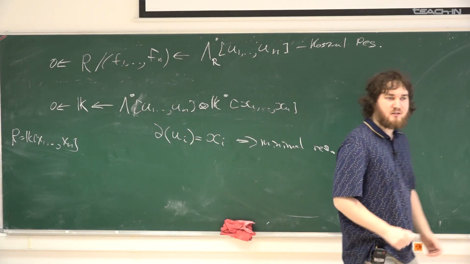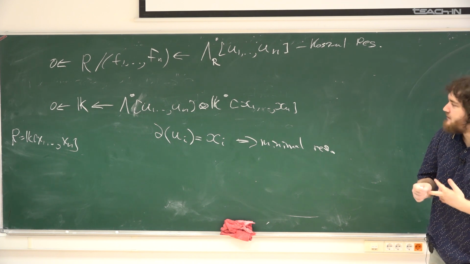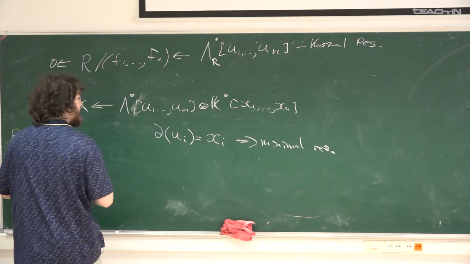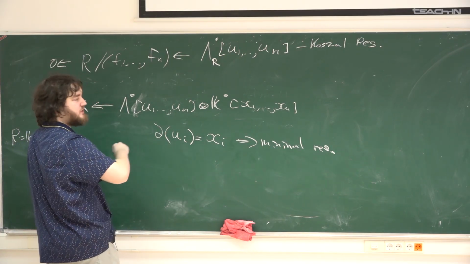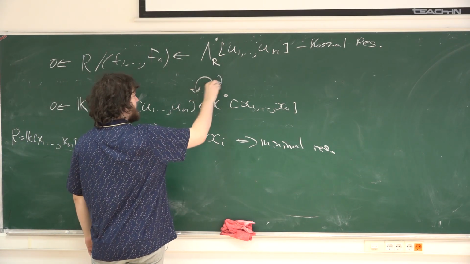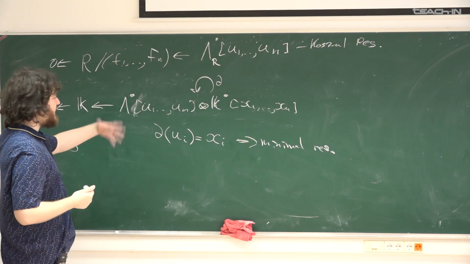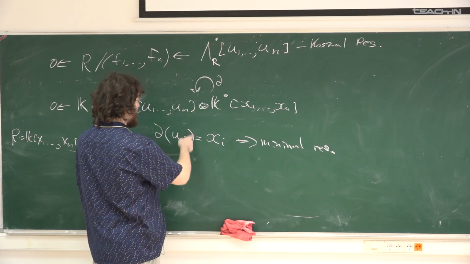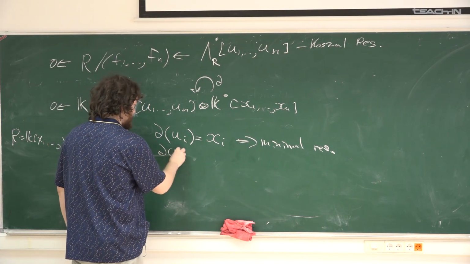Question: the image of this differential is not in our field? It's a differential in this bigraded algebra, and it satisfies the Leibniz rule. You have some wedge form and some polynomial, and xi goes to zero.